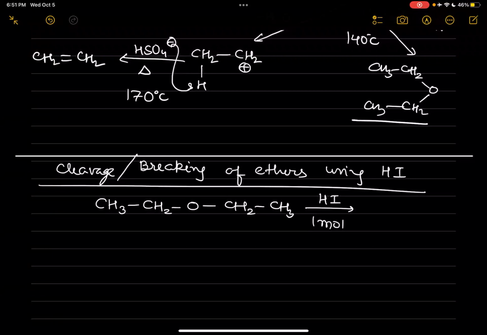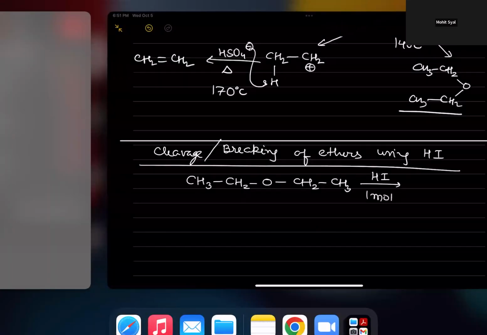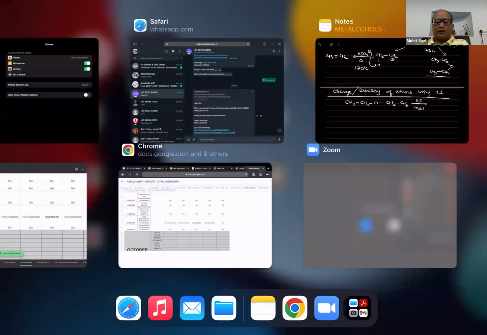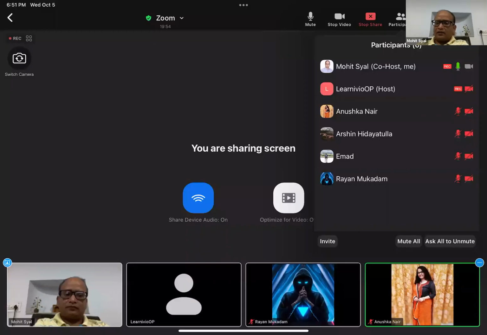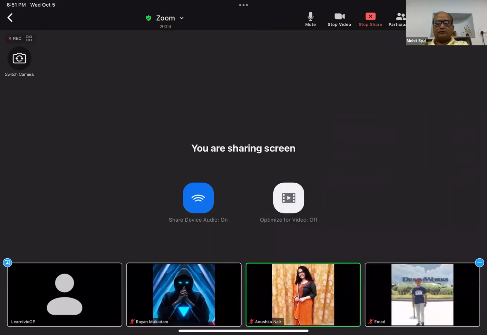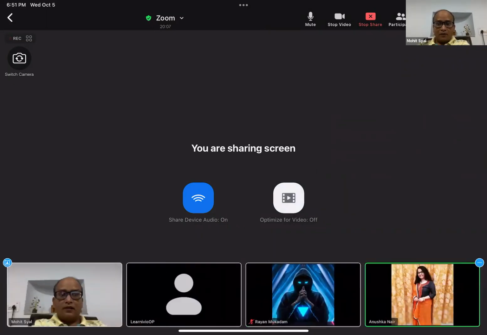and so the most famous way of breaking the ethers into two fragments is using HI. Why do we use HI? Any idea? Anushka, Darshan, Rayan? No, why do we use HI?